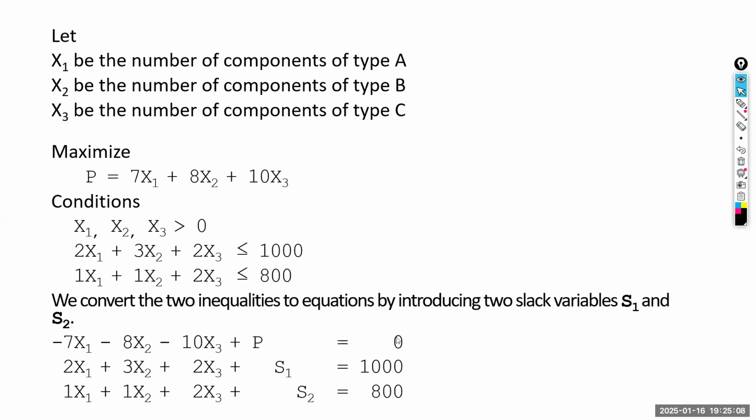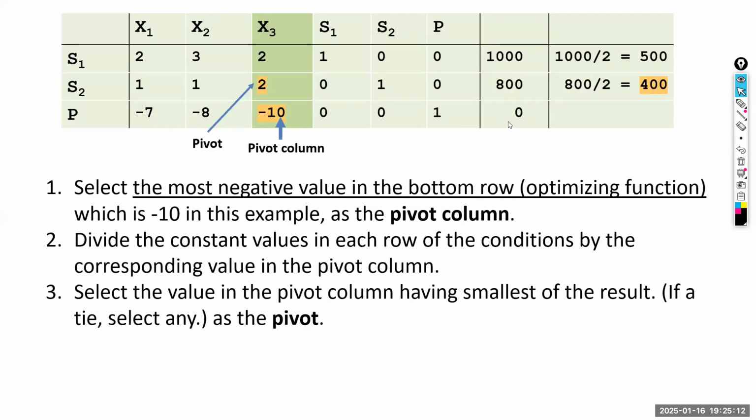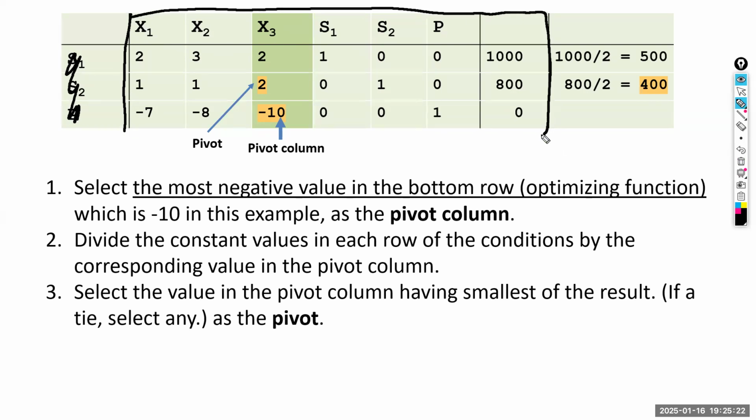And this constant is 0. So don't look at this one for the time being. Just look at this table. That's it, right? Nothing fancy. So now we have converted into a table. Forget about this pivot and those things for the time being, okay?